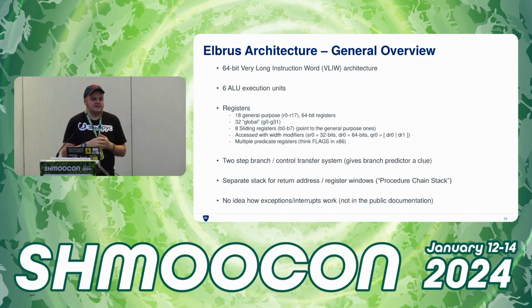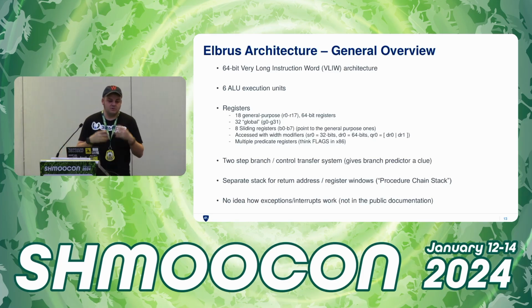The idea is that when you have a parallel superscalar processor with multiple execution units executing in parallel, you can address each of those execution units in your instruction. There are 6 ALU execution units, so you're essentially rolling up to six ALU instructions into one instruction.